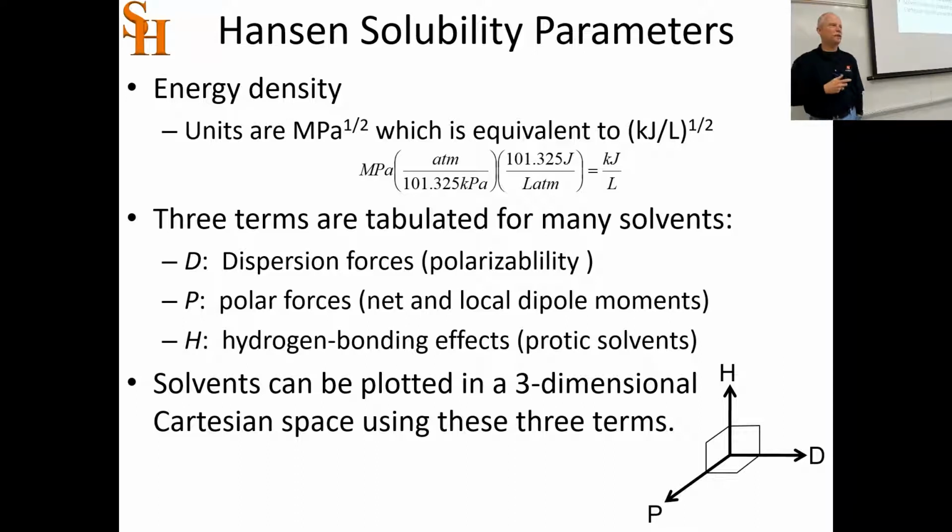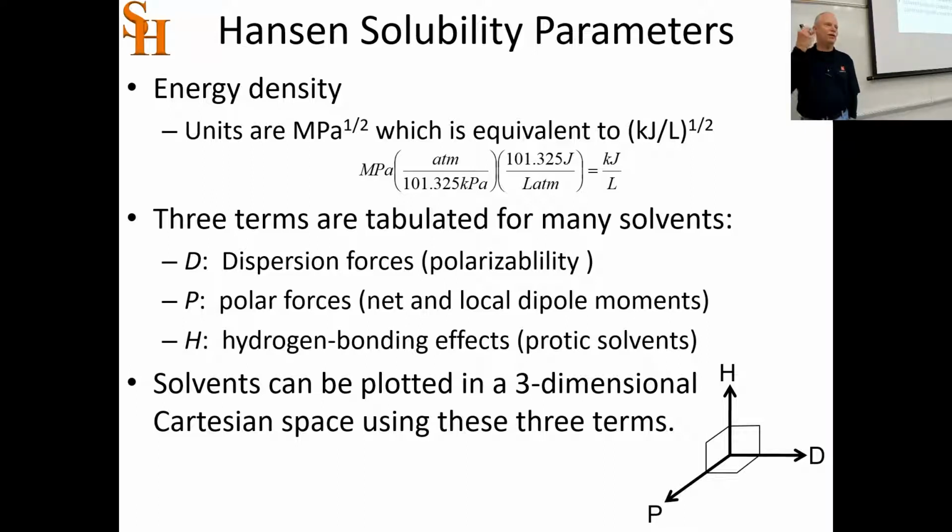I show this piece on the slide just to show that numerically they're the same thing. So if you do that conversion and go from pascals to atmospheres, that conversion is 101.325. And then if you go from atmospheres to joules per liter, it's 101.325. And those conversion numbers cancel.